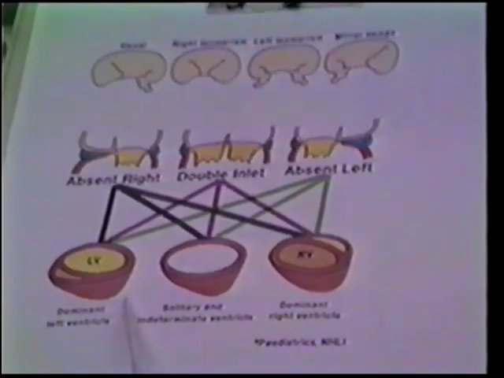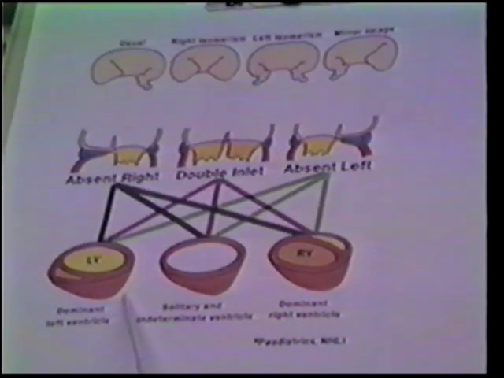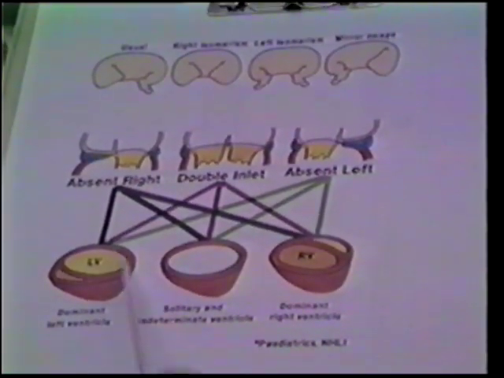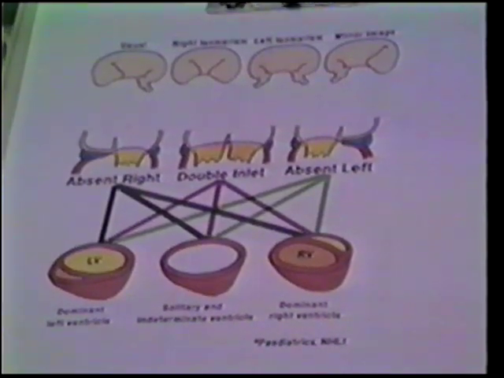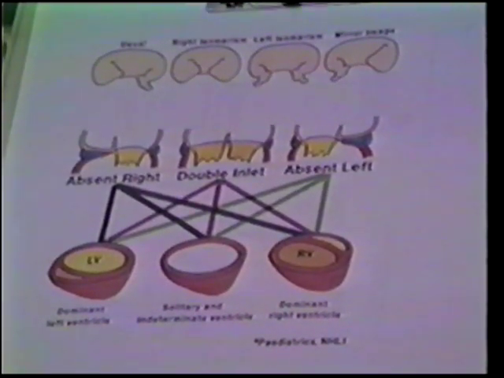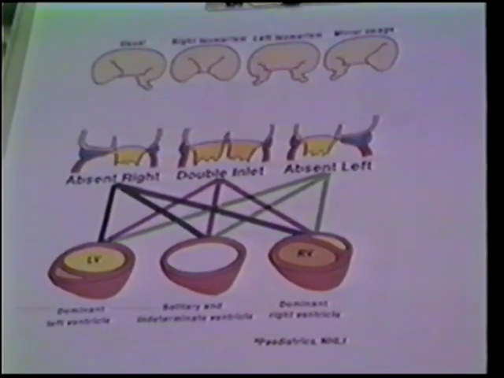The dominant ventricle, for instance, the dominant left ventricle, would have its full complement of components, which I'm sure you're familiar with. It has an inlet component, an apical trabecular component of left ventricular morphology, and an outlet component.